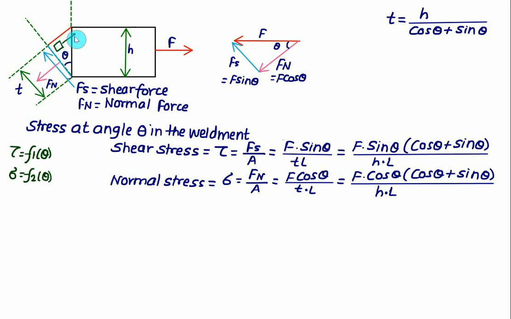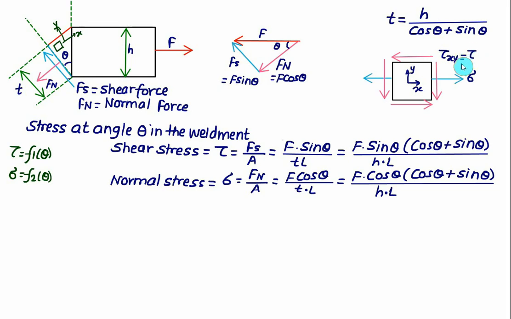Let's say this axis is X and this axis is Y. So we'll change the orientation in this figure and slightly enlarge it. We have the X axis, this one is the Y axis. We have a normal stress equal to sigma, and we have shear stress, which is equal to tau. So this one is the same as tau xy. We have tau xy equal to tau.